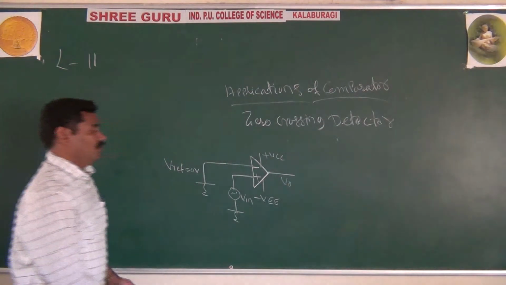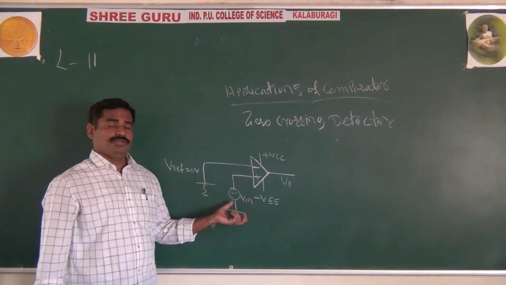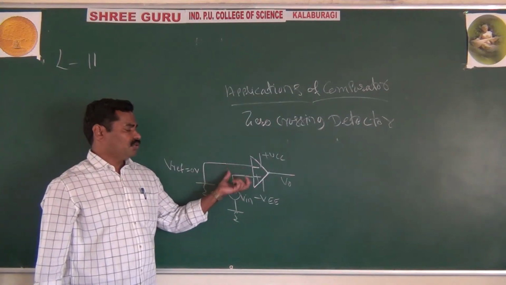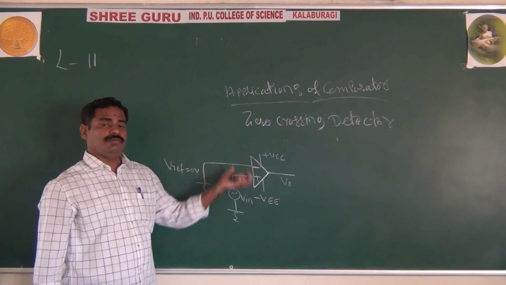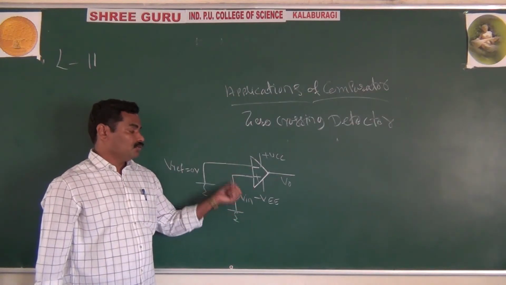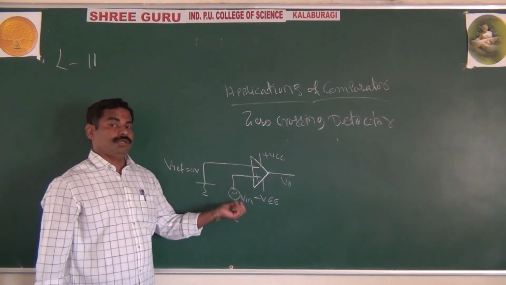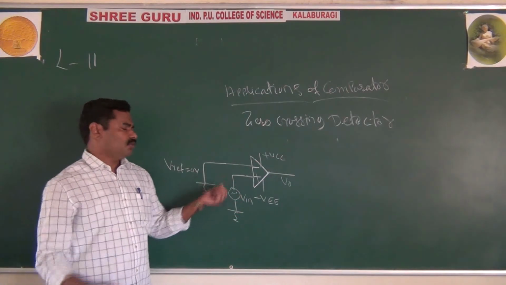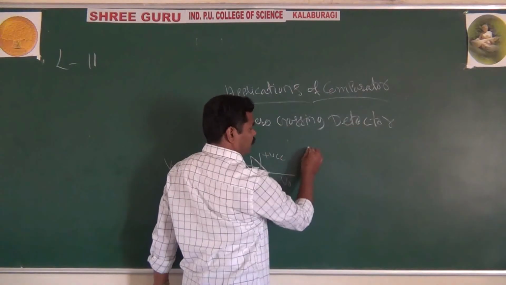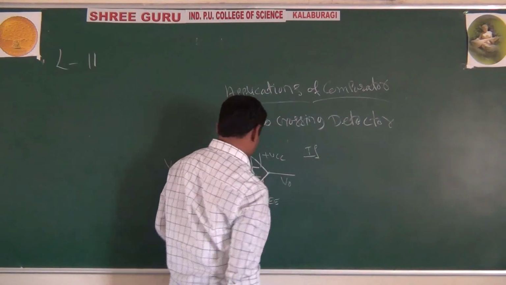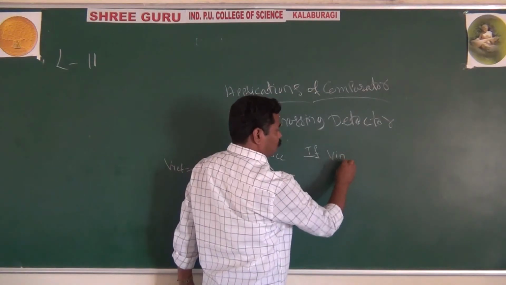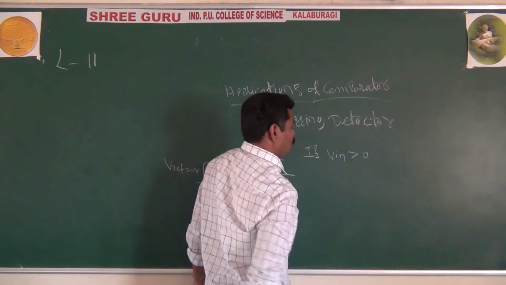And what is the importance of the zero crossing detector? As I said, the zero crossing detector is also a type of comparator, and it also compares two signals. The important thing here is that if Vin is greater than 0, what do you get?